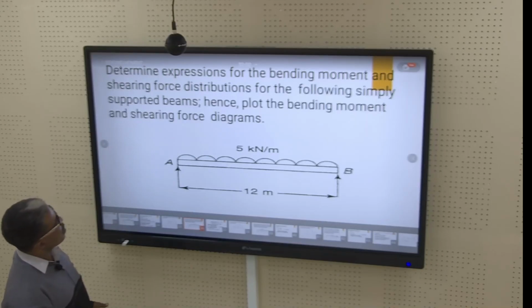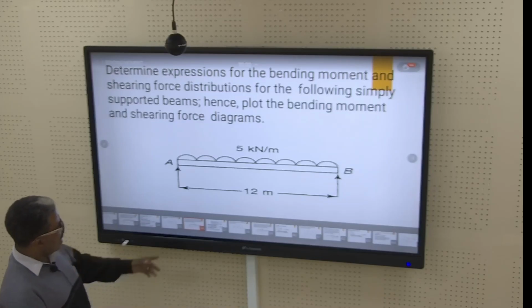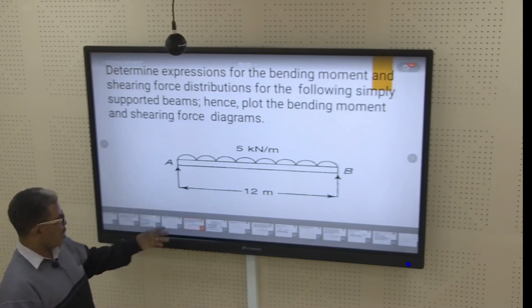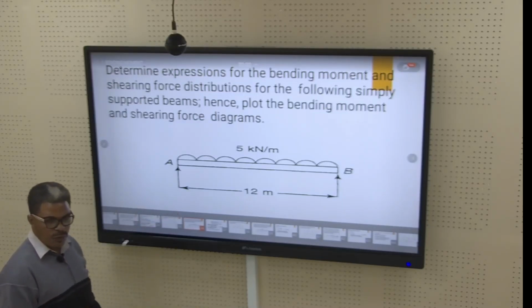Determine the bending moment and the shearing force. Here is 5 kilonewton per meter, and the total length is how much? It's 12 meters.